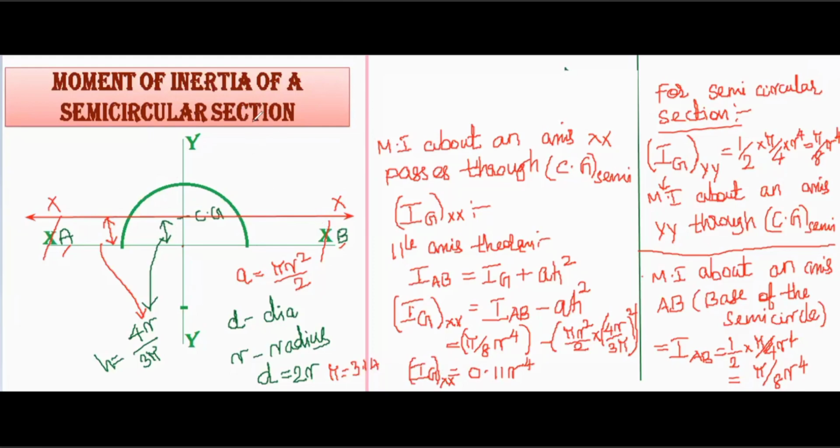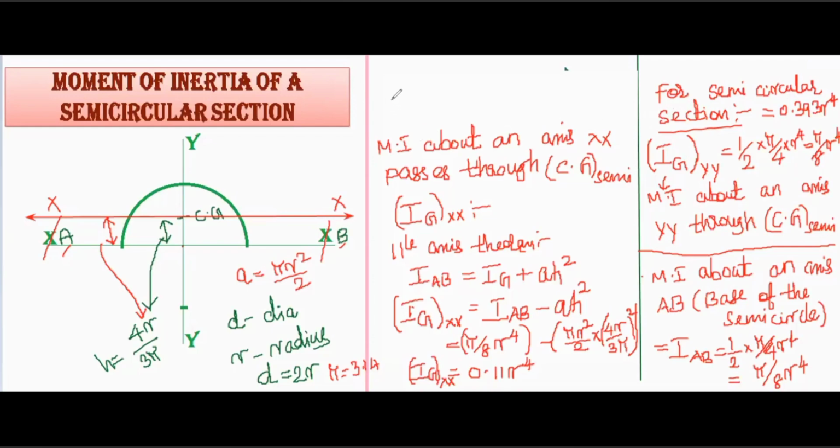Same for the semicircular section, the moment of inertia with respect to the YY axis passing through the center of gravity will be pi by 8 r power 4. If you substitute the pi value 3.14 or 22 by 7 and divide by 8, we get a value of 0.393 r power 4.